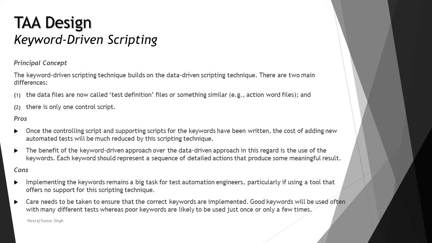The approach includes preparing or selecting a keyword for each test uniquely, and creating a control framework that picks up the keyword from the Excel sheet or data sheet and then calls the required function or test script to run it.